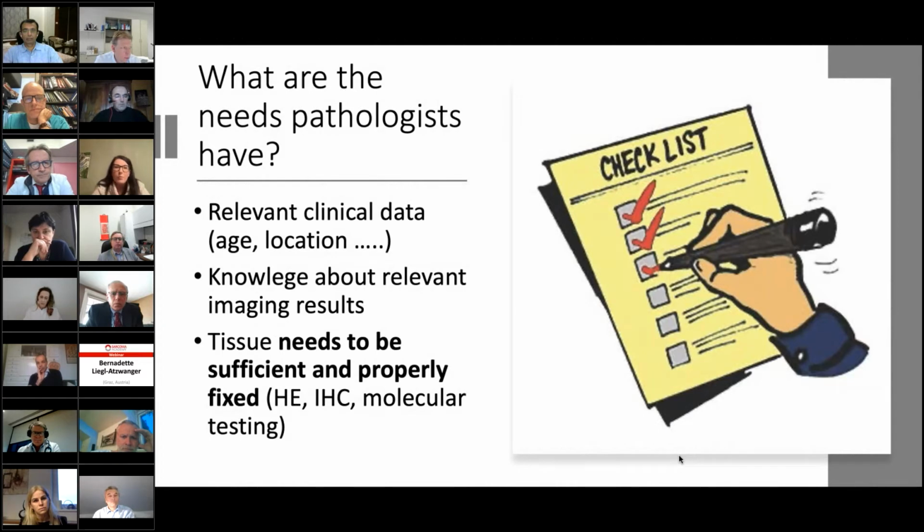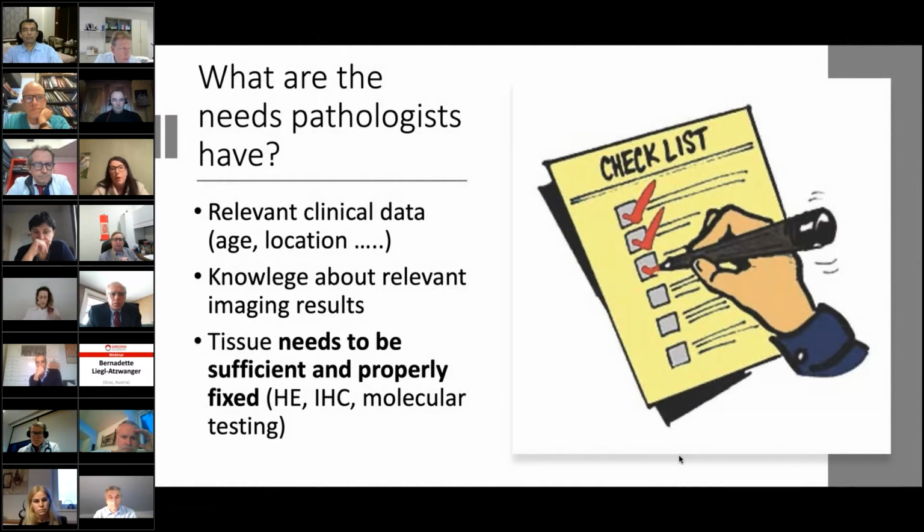But also we as pathologists have needs. Over the last years, we get less accurate clinical data when we diagnose soft tissue sarcomas, and especially if we are dealing with consult cases from outside. So it is really relevant to get good clinical data, to get knowledge about the relevant imaging.